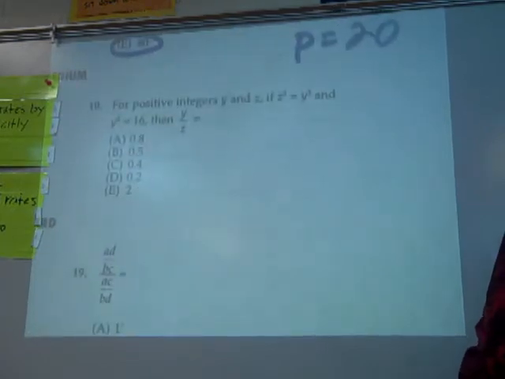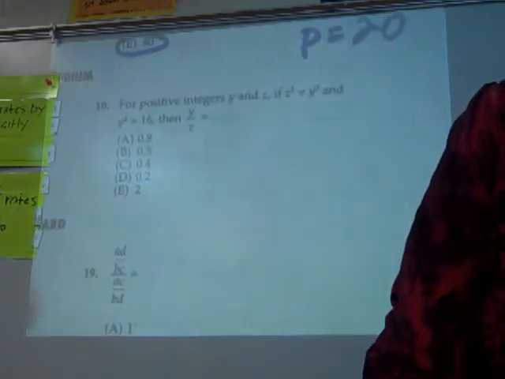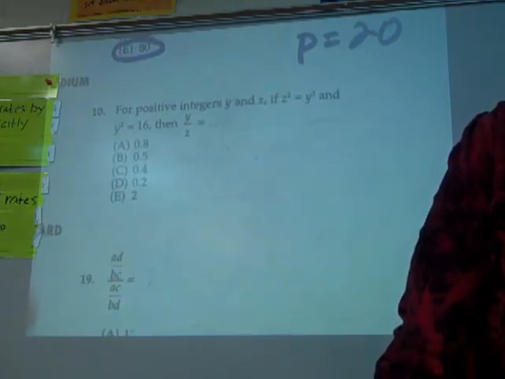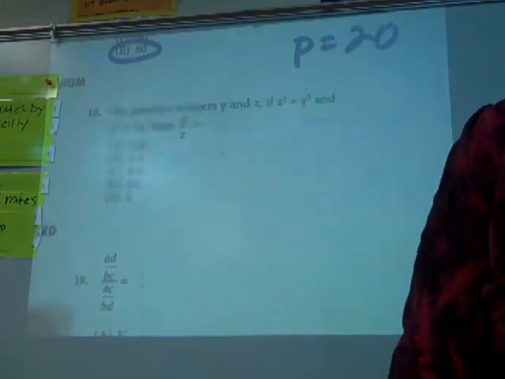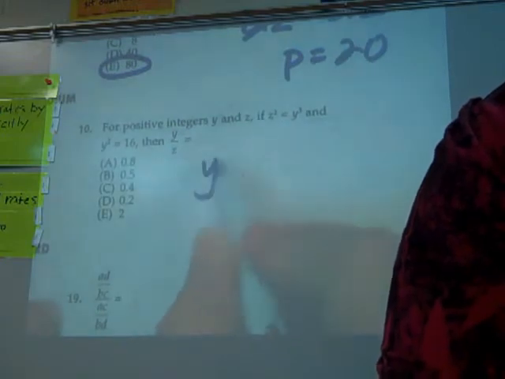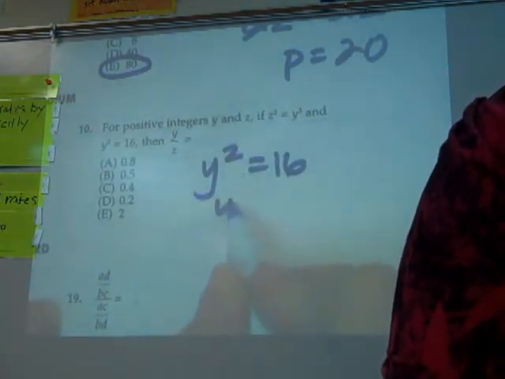For positive integers y and z, if z squared equals y cubed and y squared equals 16, then y over z equals what? Well, you can work backwards and actually find y and z here. If y squared is 16, then what's y? 4.